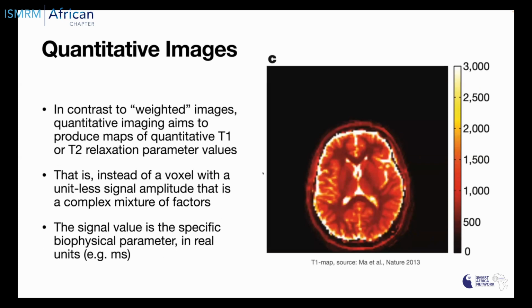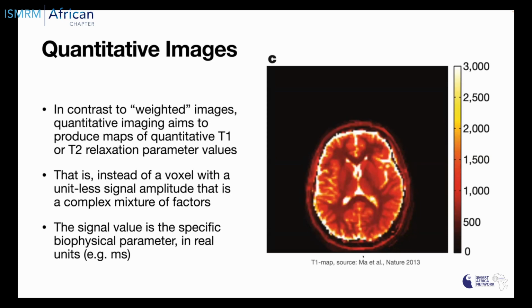So we're performing a mapping experiment where we actually try and infer what is the T1 value or the T2 value in this voxel. And so instead of a unitless complex signal amplitude that is a mix of multiple factors, the signal that we place in any given voxel actually refers to this specific biophysical parameter, and it has real units, like milliseconds, in terms of these relaxation time constants.